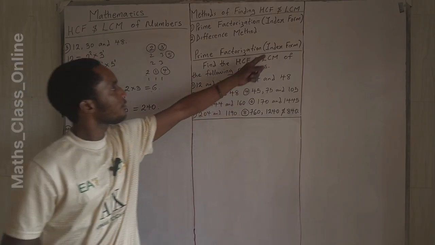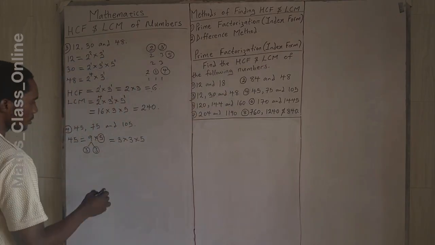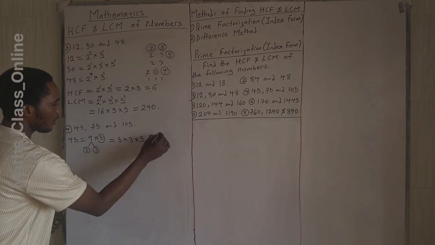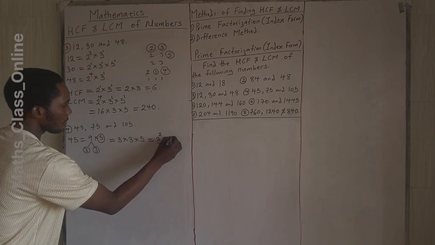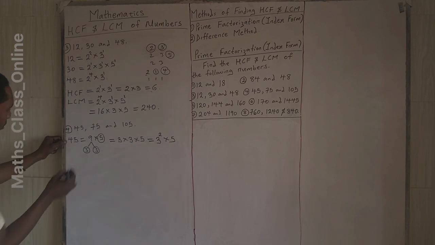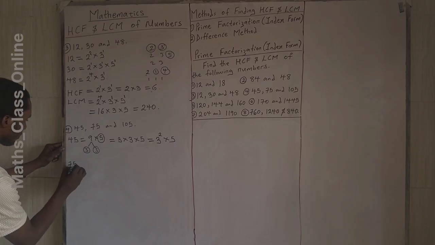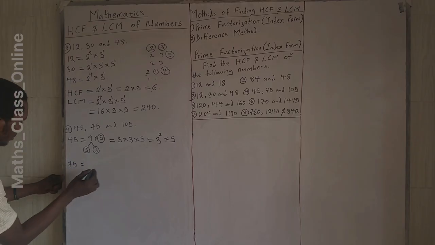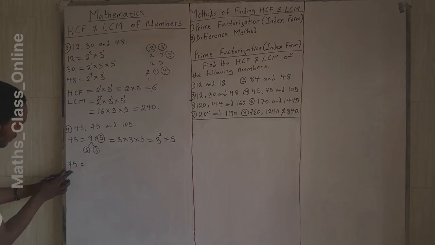Index form. This is equals to 3 raised to the power of 2 times 5. How many 3 do we have here? 2. Then 75. This is divisible by 5.